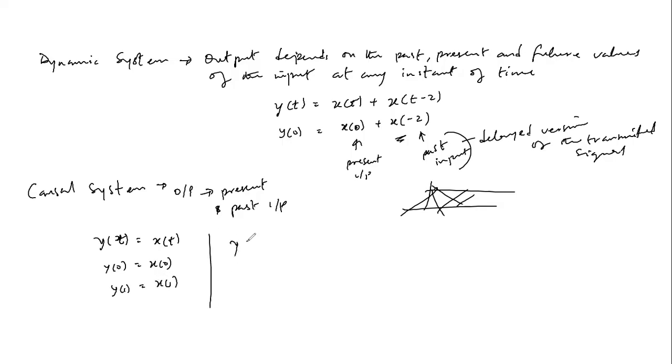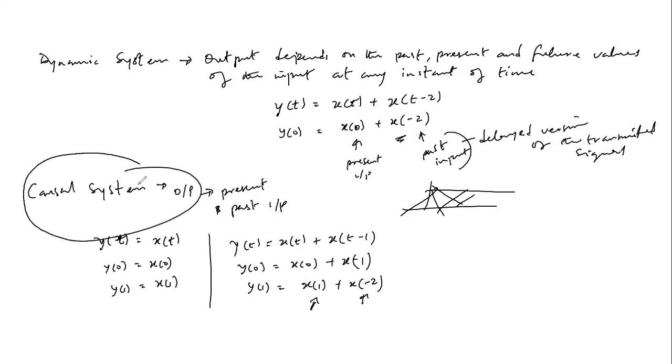And then we say y of t is the same as s of t plus s of t minus 1, so that y of 0 is the same as s of 0 plus s of minus 1, y of 1 is the same as s of 1 plus s of 0. So it means that at any given instant of time, the present output depends on the present input and past input. And you see that most of the practical systems we'll be dealing with are usually causal systems.